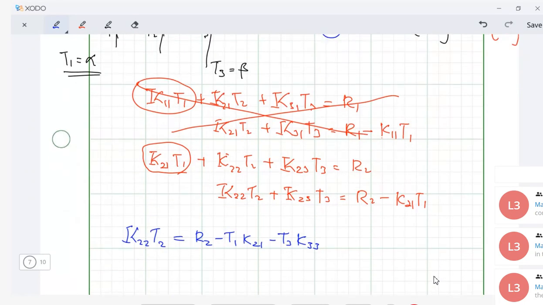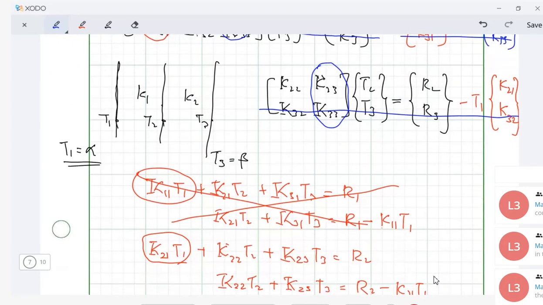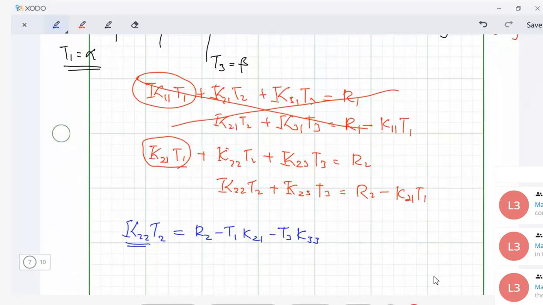So do we know what is K22? Yes, because all these are the coefficients. These are the coefficient matrix, so we know all the K values here. So can we solve for T2?